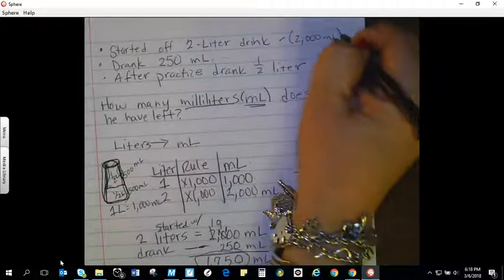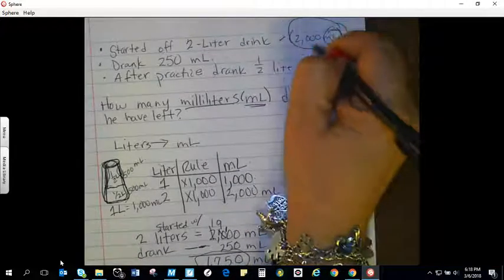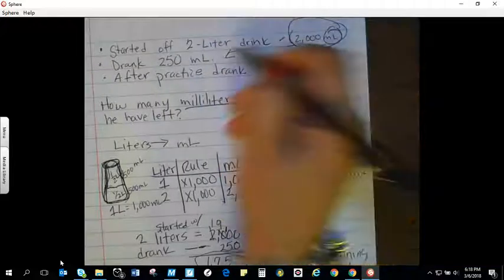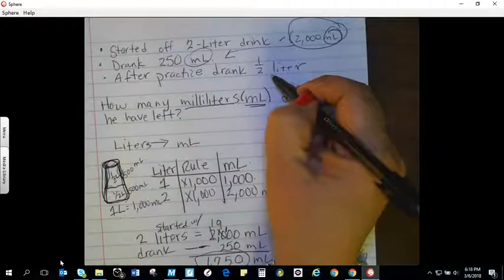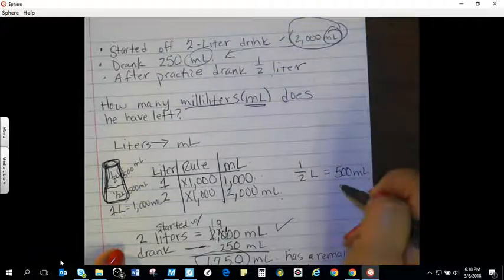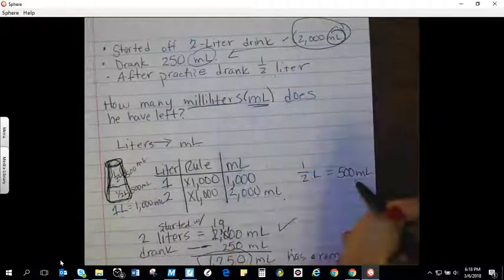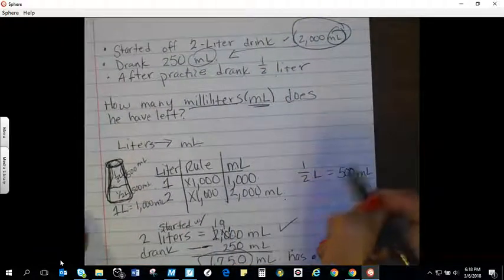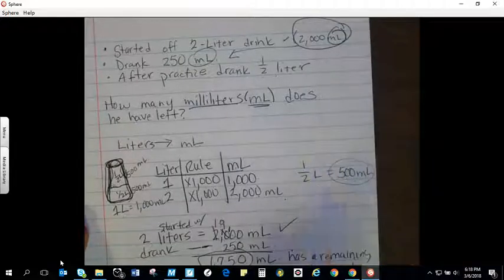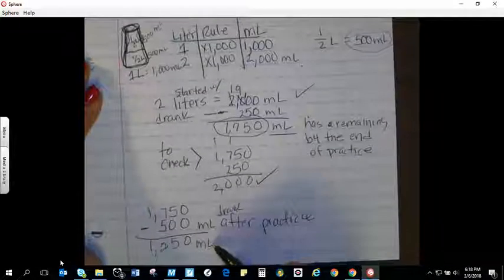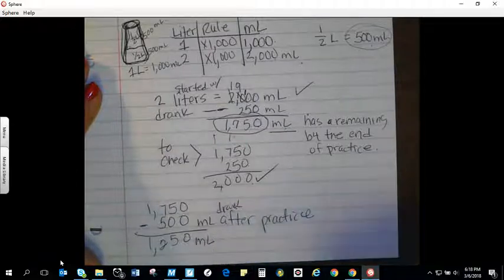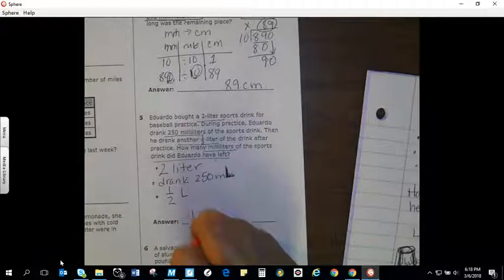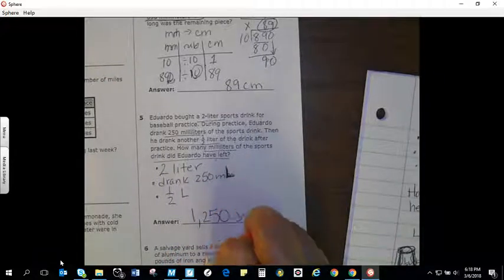Then I took my half of a liter, which is 500 milliliters, and I was able to subtract out. That would give me 1,250 milliliters that he has left. So my answer is 1,250 milliliters.